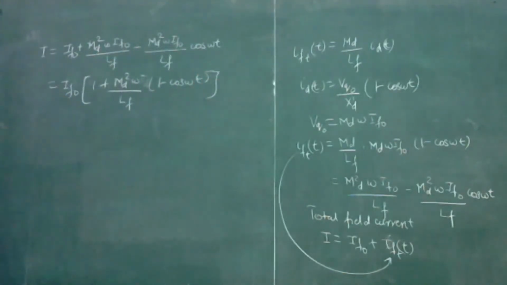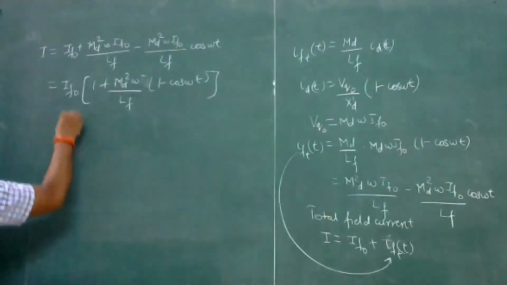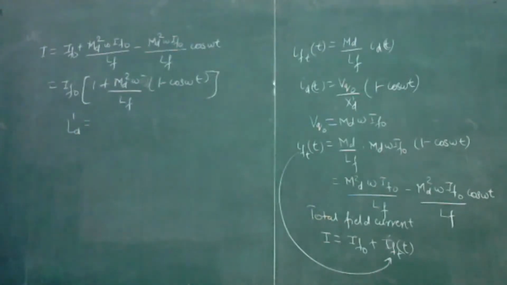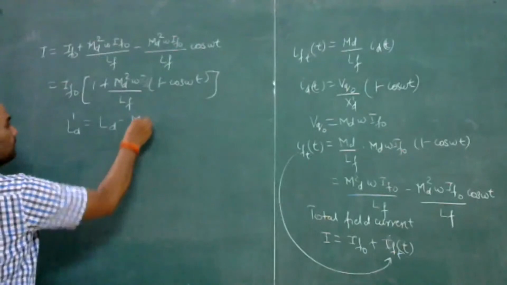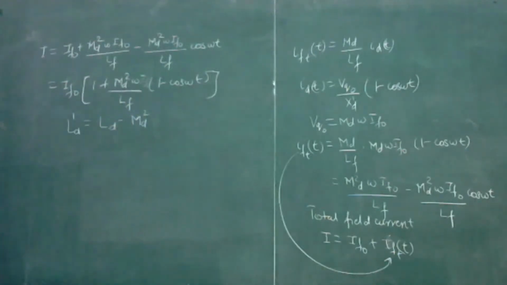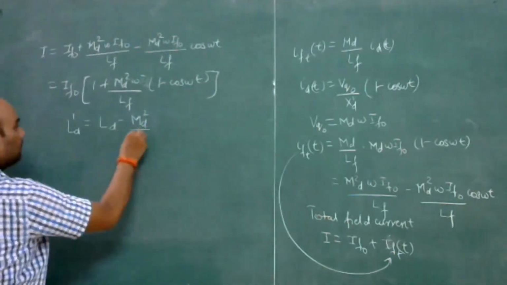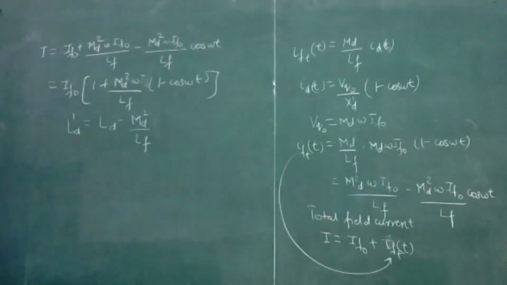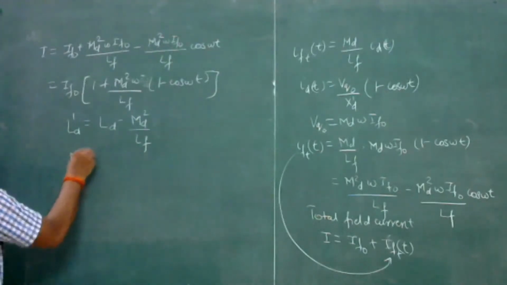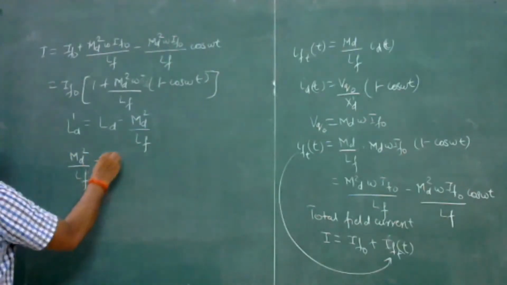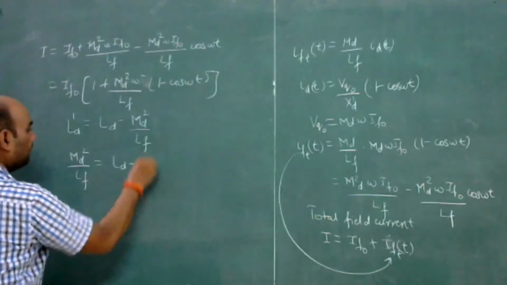Okay, and we know that Ld dash, the transient inductance, is equal to Ld minus Md square by Lf. So Md square upon Lf can be written as Ld minus Ld dash.